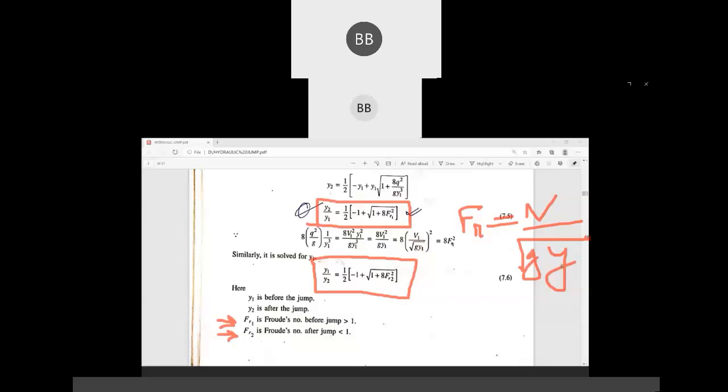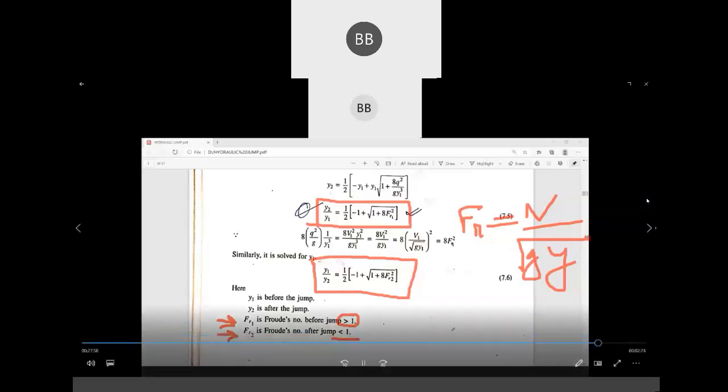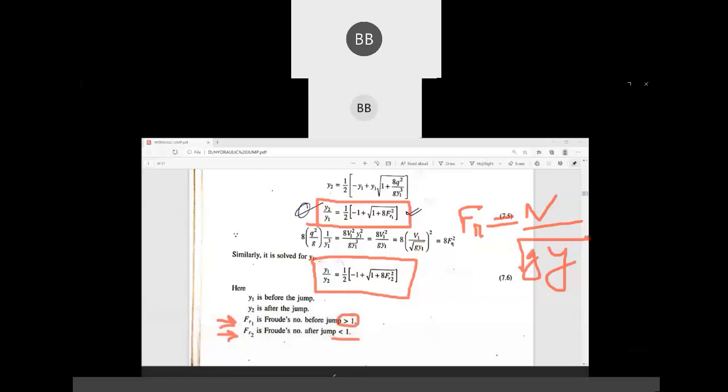So before the jump, your y value is small, so Fr is greater than 1. And after the jump your y value is higher, so your Fr value reduces to below 1. So you should remember this expression. It is very important for your competitive exam. So this is the relation between y1 and y2, that is, the depth of flow before the jump and after the jump.